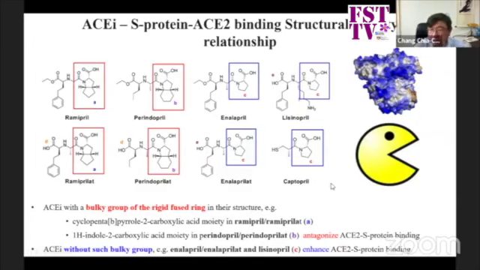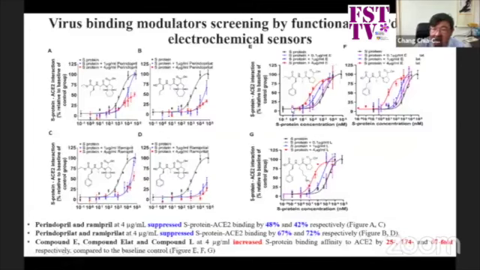So we used our system to measure their interactions between spike protein and ACE2, and we found that four of them, such as perindopril or ramipril, may reduce the spike protein binding, from 48% to 42%, or from 42% to 72%.